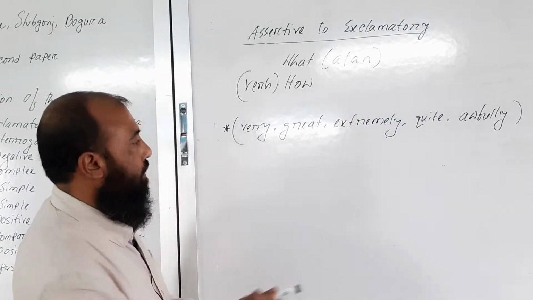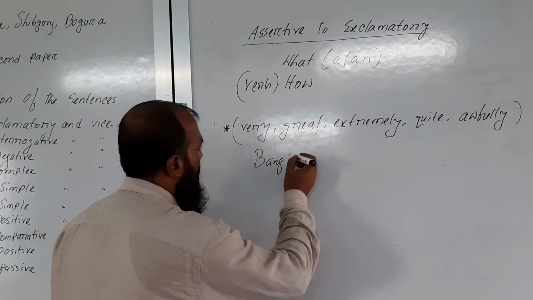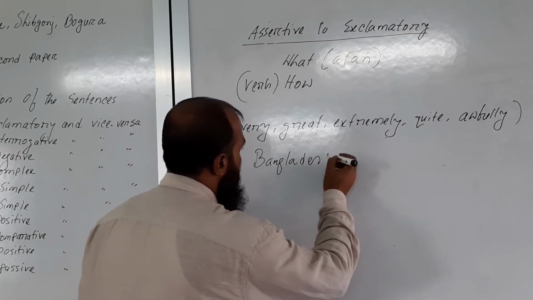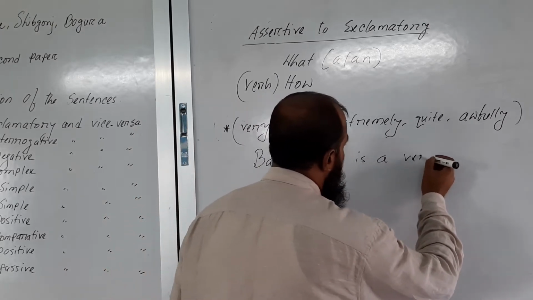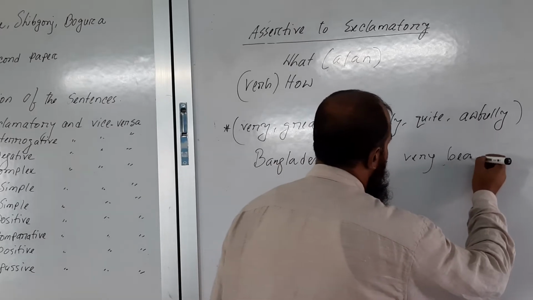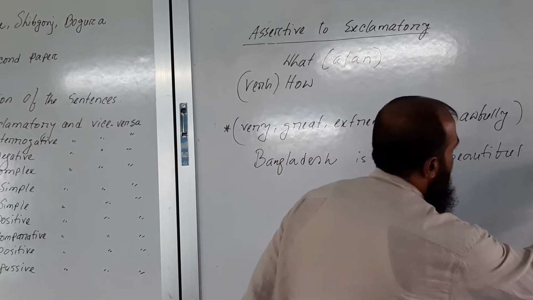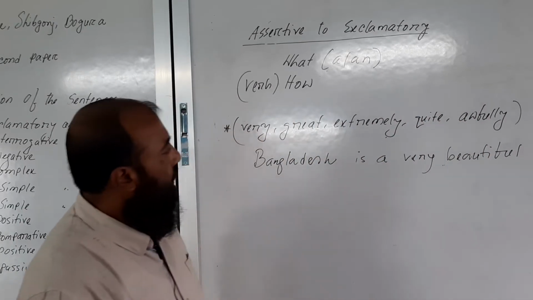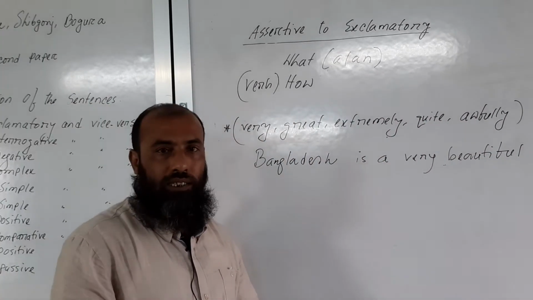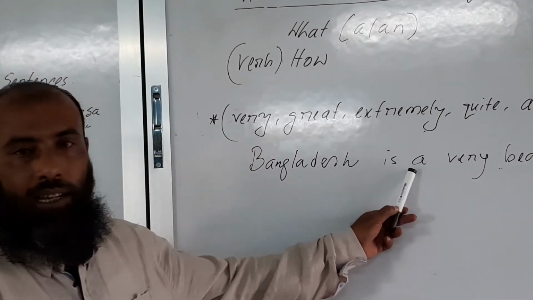Now look at the example. Bangladesh is a very beautiful country. Look, in this sentence, there is an article a.